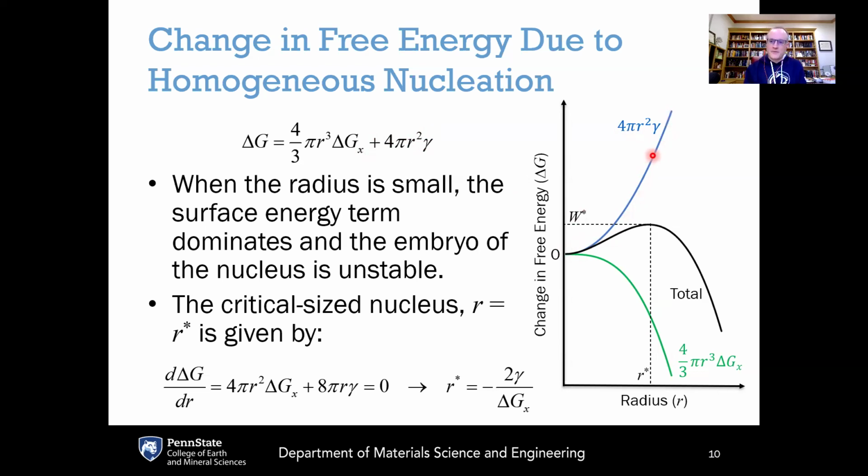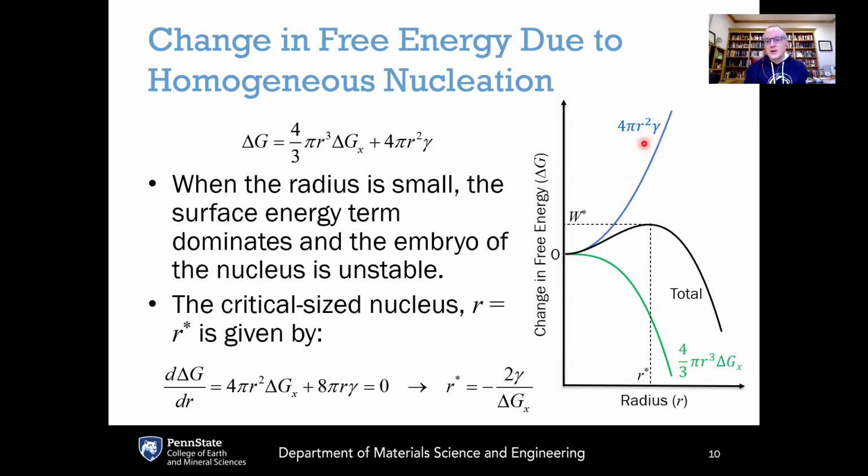So we have two different effects here, one of which favors the formation of a nucleus, that is this volumetric effect, this negative green curve that decreases with this cubic dependence on r. And then the other is this thermodynamically unfavorable term related to creating the interface. This is the positive contribution to the Gibbs free energy, and this increases as r squared.